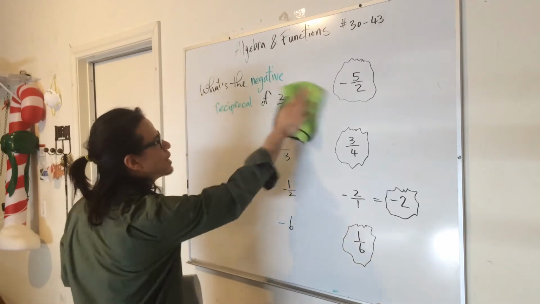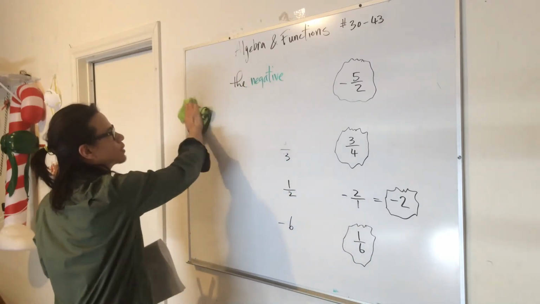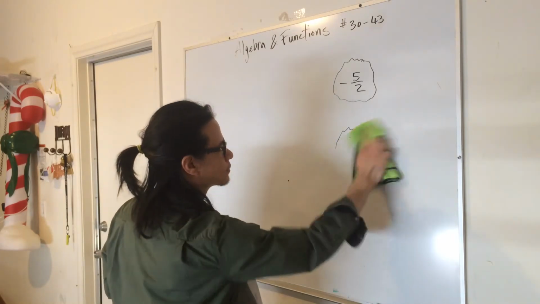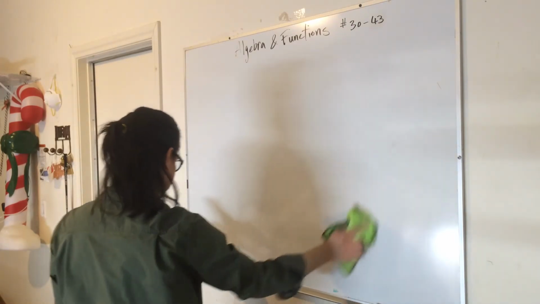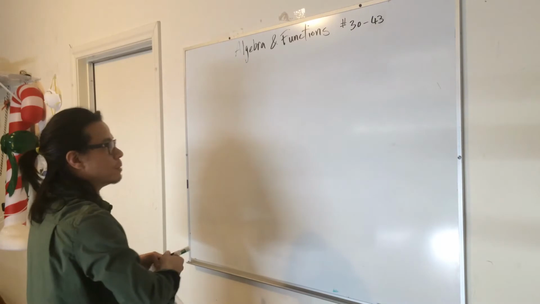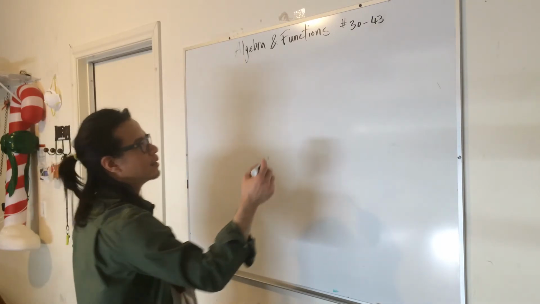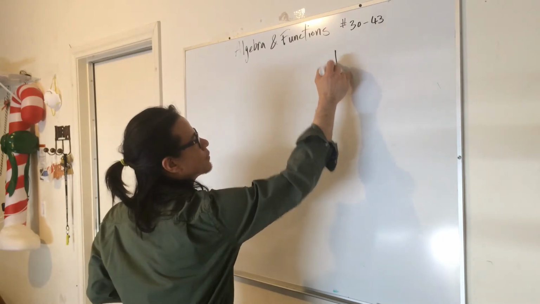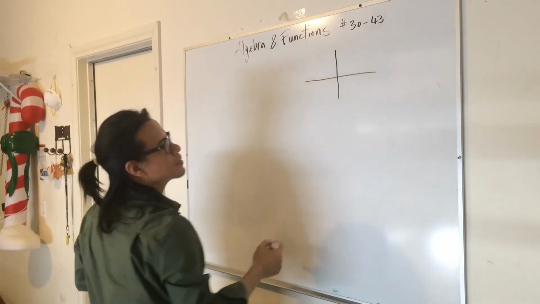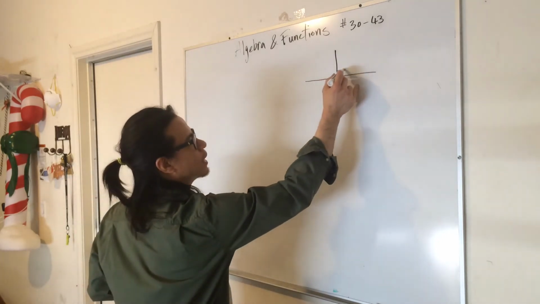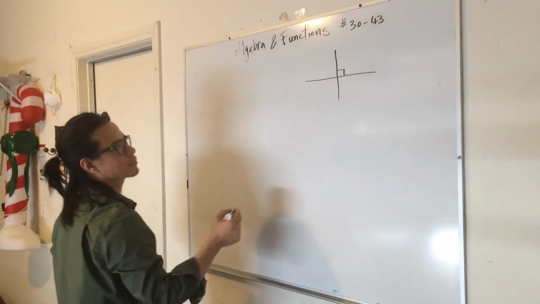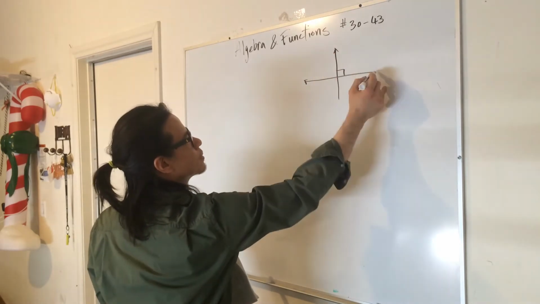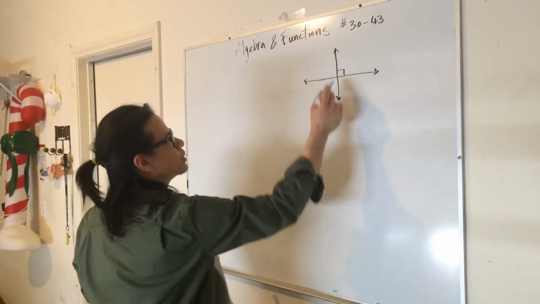How to know if two lines are perpendicular? What are perpendicular lines? Remember, perpendicular lines are when you have lines that intersect at 90 degrees, right? So these two lines are perpendicular.